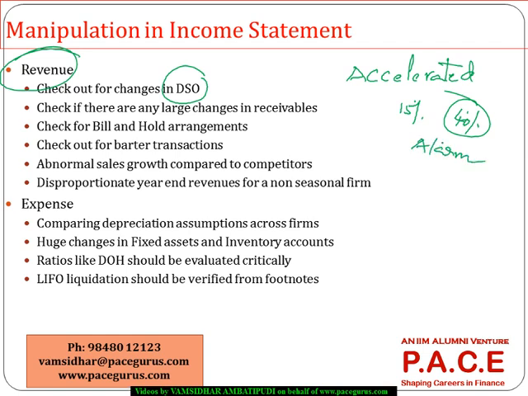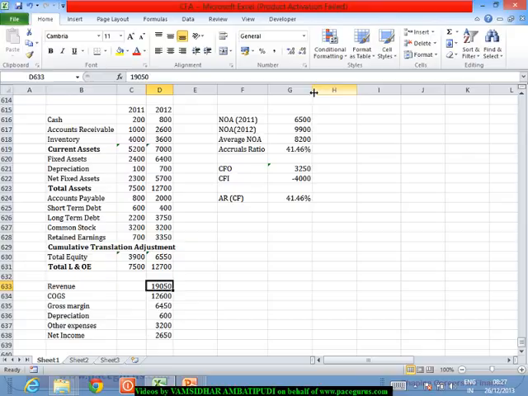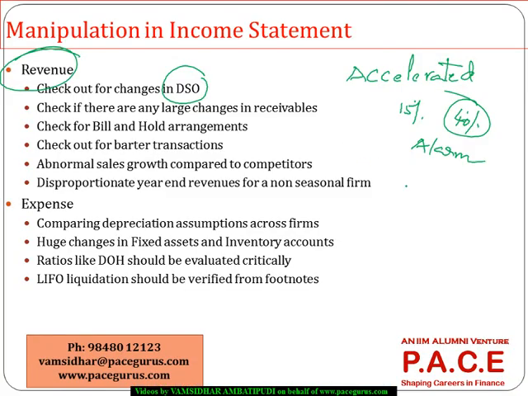Possibility of manipulation. So what should you do? Go back to the accounts receivables and see the growth in the accounts receivables. So the accounts receivable increasing means receivable turnover ratio will actually go down, because receivables turnover is nothing but sales by accounts receivables, right?